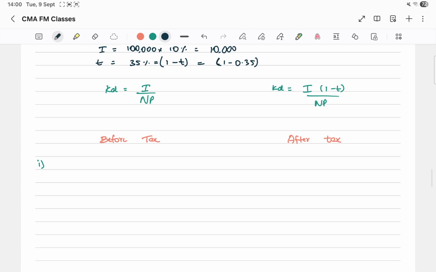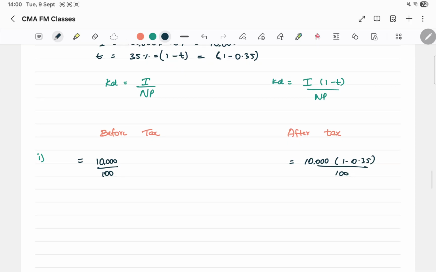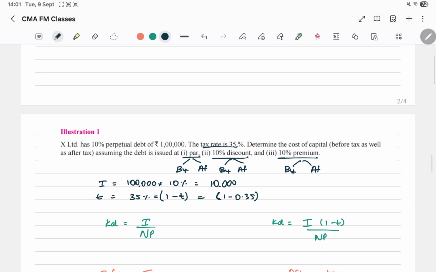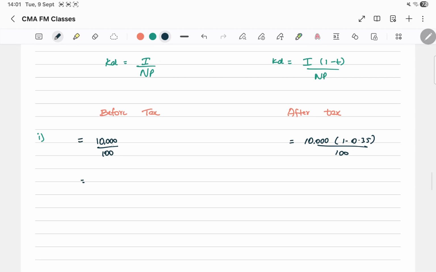First is interest. First we'll do before tax for par. So interest is 10,000 divided by NP. Sorry, net proceeds is given. That is a perpetual debt, and NP is 1 lakh.